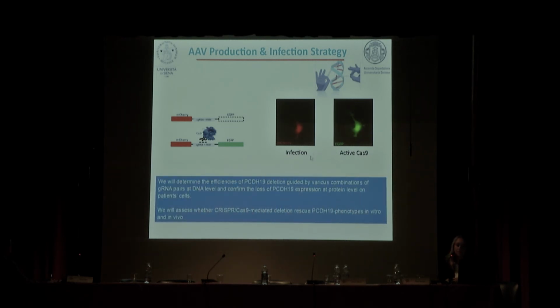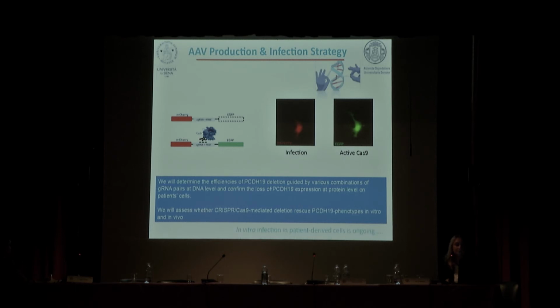And then we plan to determine the efficiency of PCDH19 deletion, both at DNA and at protein level, and then to assess whether this deletion is able to rescue the PCDH19 phenotype, both in vitro and in vivo, with the collaboration of the other group involved in this project.